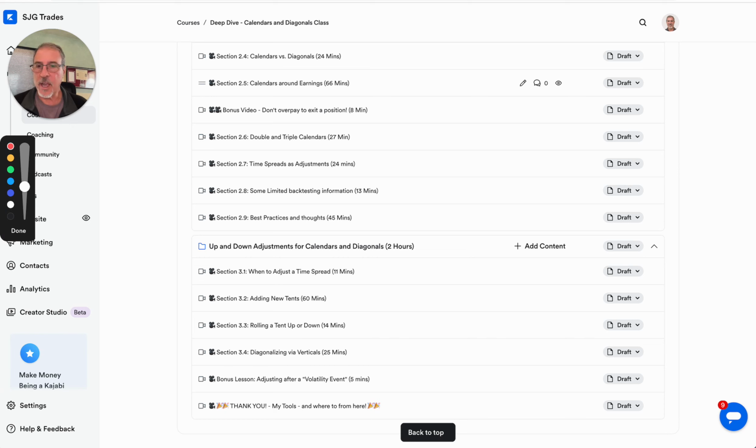But then virtually everything else is live trades that I've made over the last year. And I've documented these so that I can actually share real-world results, good and bad. In fact, there's one trade in here that is my absolute worst calendar trade for the year, and I go back and dissect how I got into the position and what other people should learn from that to avoid it.